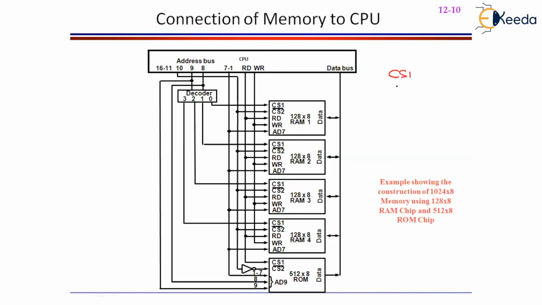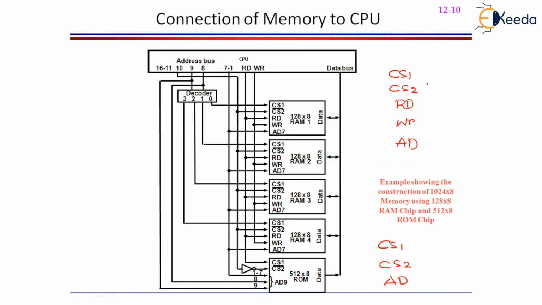CS1, CS2, read, write, address, and the data. This is the data connection. And every ROM has CS1, CS2, and address, because read and write connections are not needed for ROM.